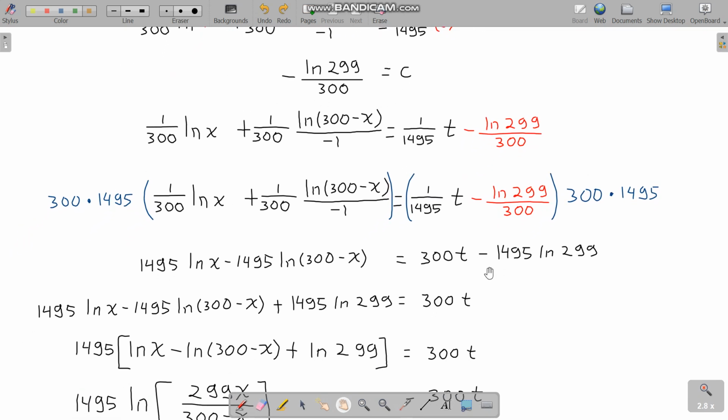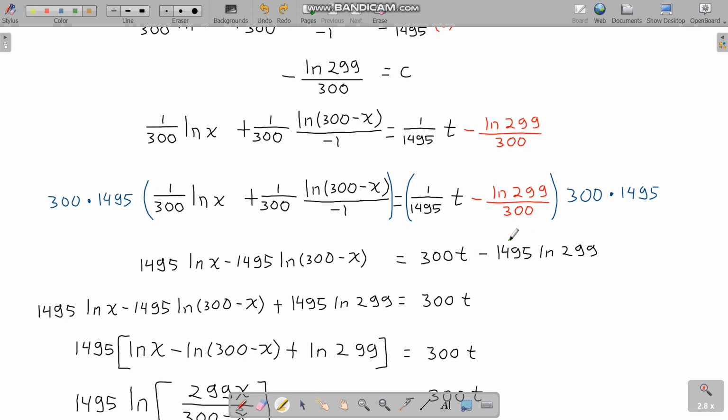So from here you can get rid of the fractions. You multiply by 300 times 1495, so you cancel out and have 1495 ln x, minus 1495 ln(300 minus x), and 300t, and minus 1495 ln 299.